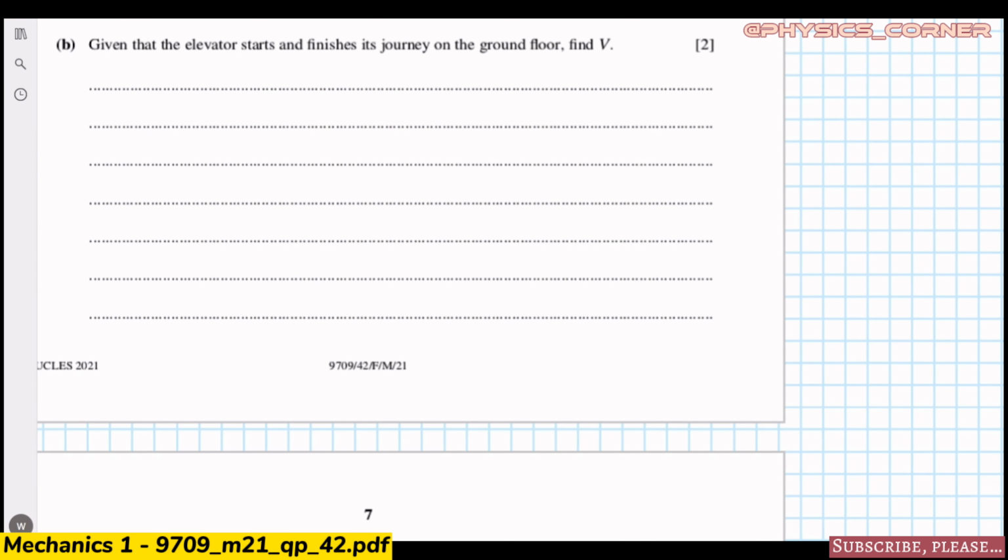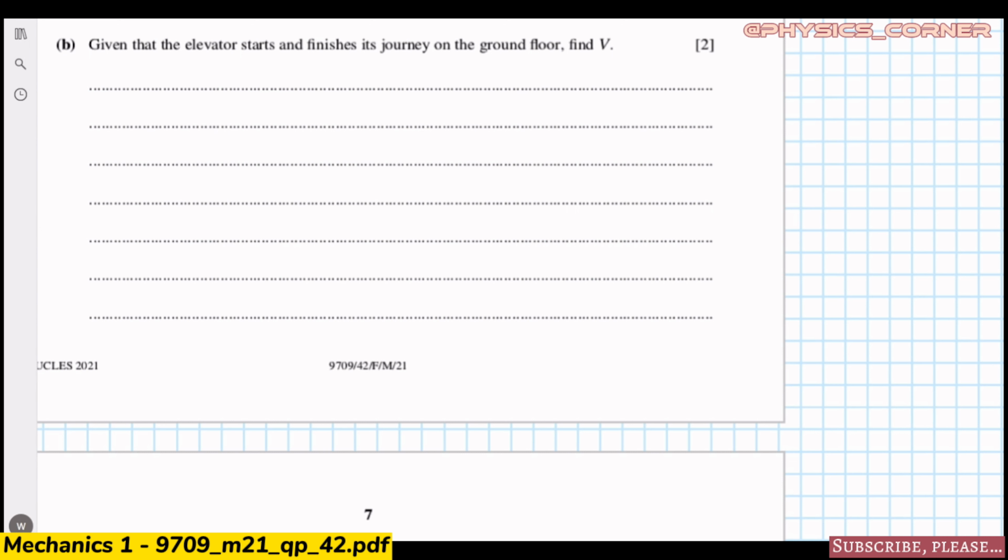Question B. Given that the elevator starts and finishes its journey on the ground floor, find V. Because the elevator starts and finishes its journey on the ground floor, the distance is the same.